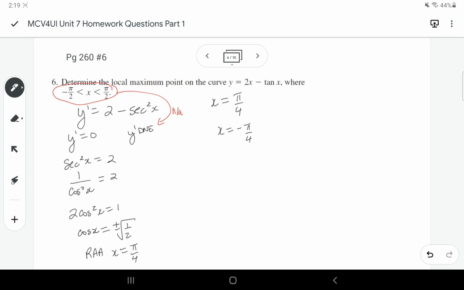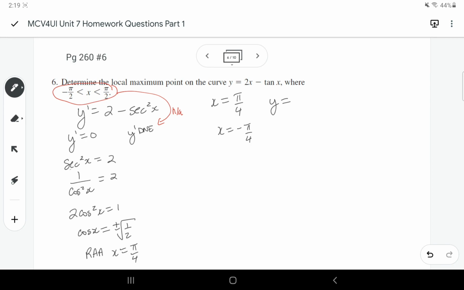So I could find the y values here. So here I would have pi over 4 times 2 minus tan of pi over 4, which is 1. Better make sure I'm in radians.